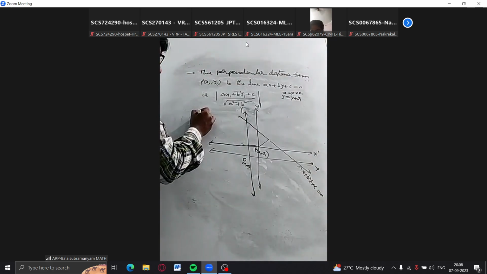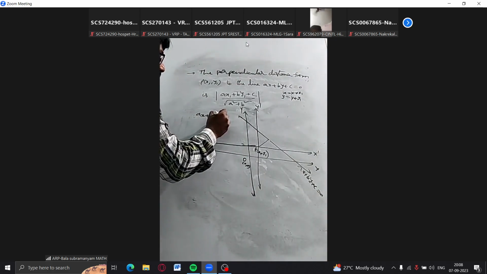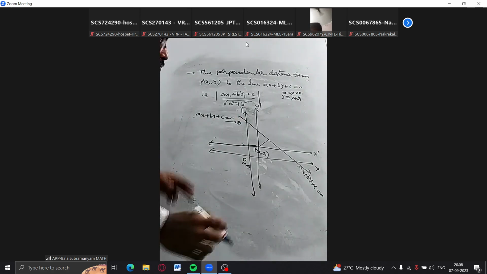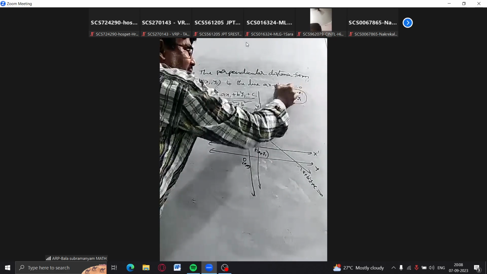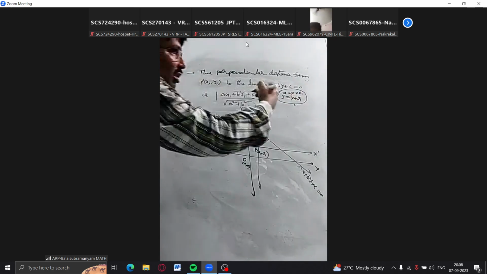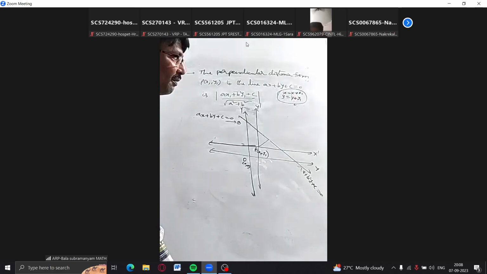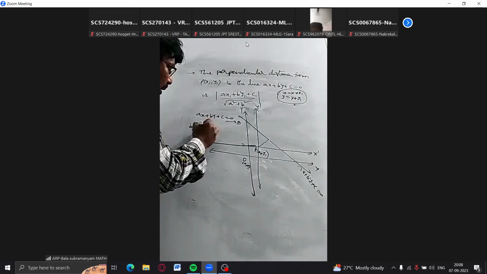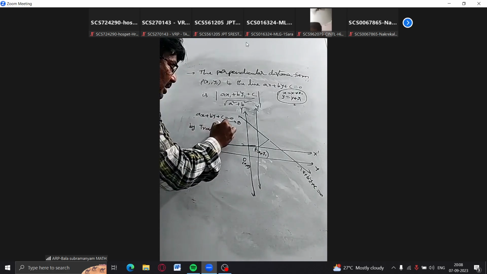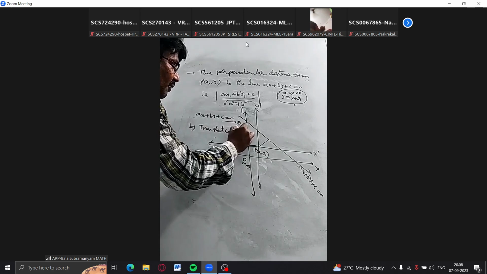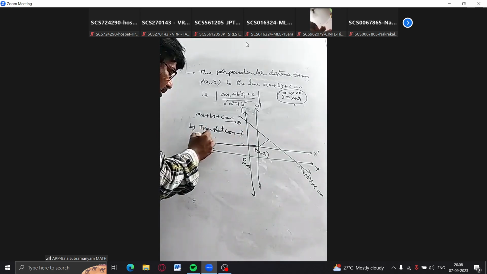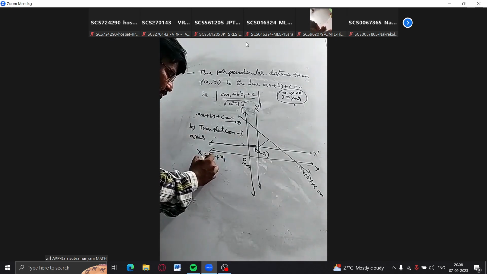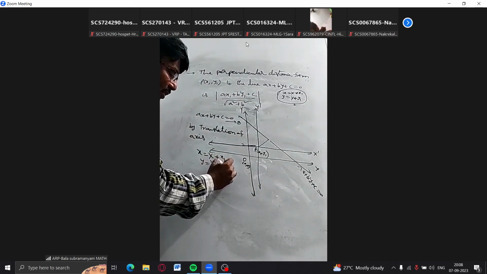The given equation is ax + by + c = 0. By translation of axis, the formulas are small x = capital X + x1, small y = capital Y + y1.